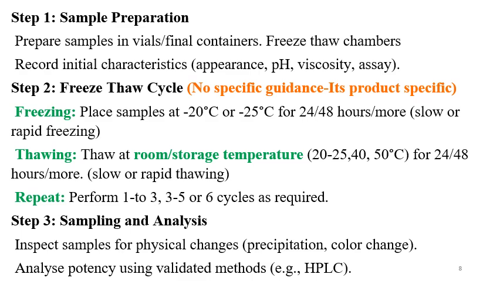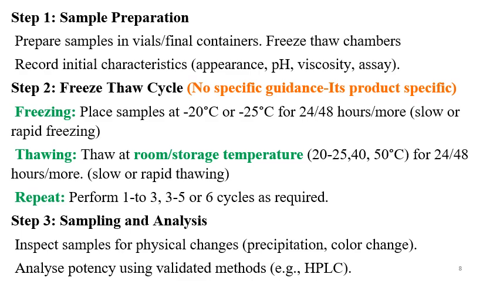See, there is no specific guidance on the freeze thaw cycles, how many cycles to be performed and what the temperature is. So, as per the product requirement, these freeze thaw cycles are to be done. Freezing and thawing is done and then these cycles are repeated.